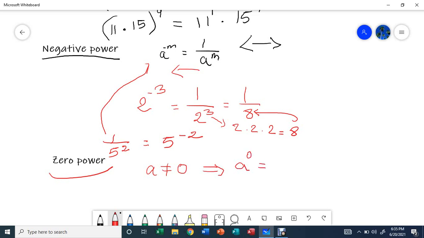That looks weird because some people think a to 0 will be 0, but it's not. So a to 0, any non-zero number raised to 0, you get 1. Example here: 2 to 0, we get 1.